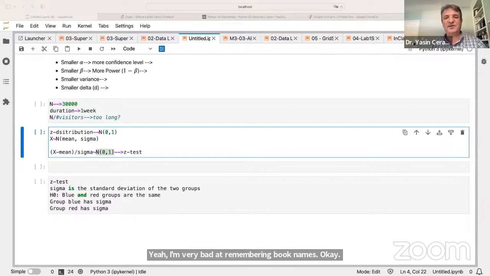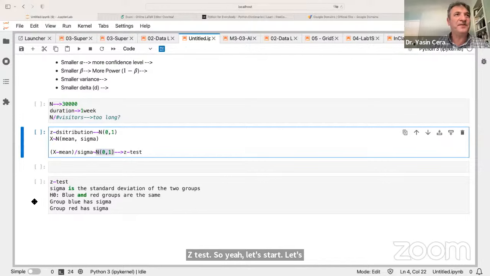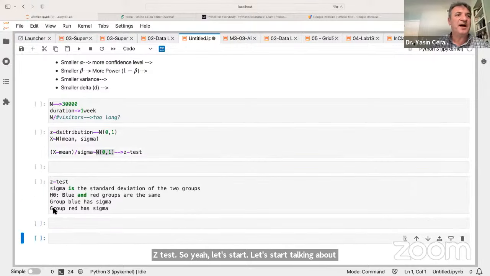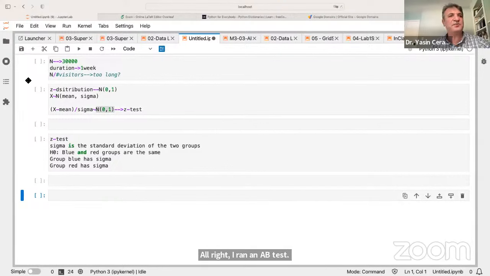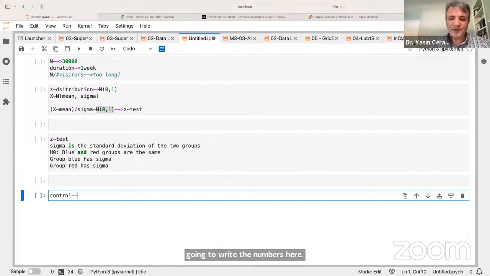I said I'm going to talk about Z-test, so let's start. Let's say I ran an A/B test. In my A/B test, I'm going to write the numbers here. I have a control group. The control group is the group representing your null hypothesis.